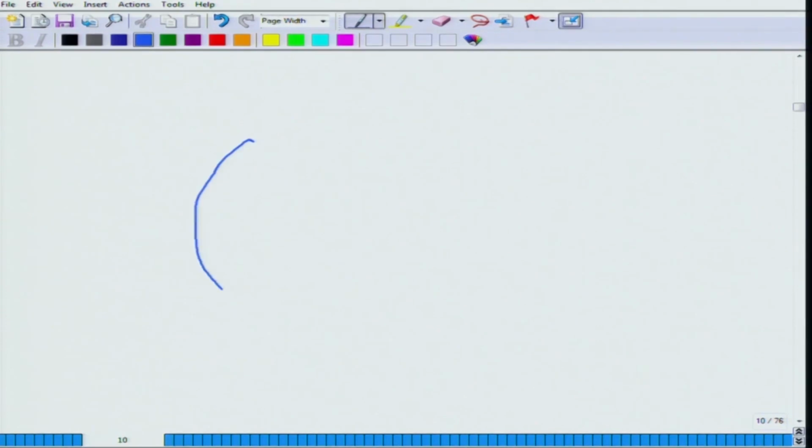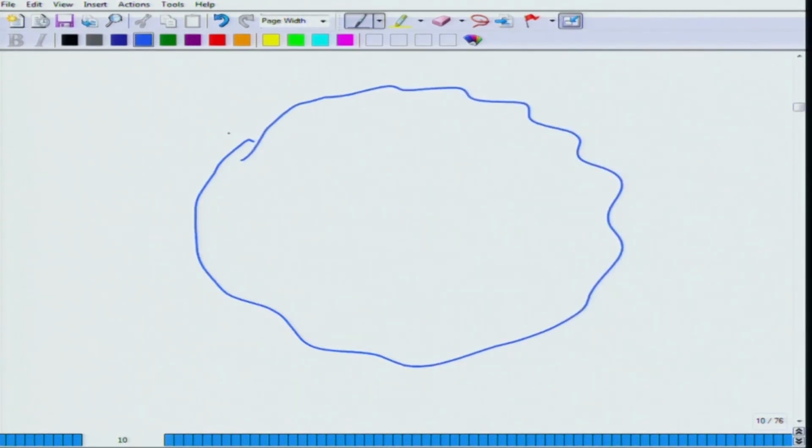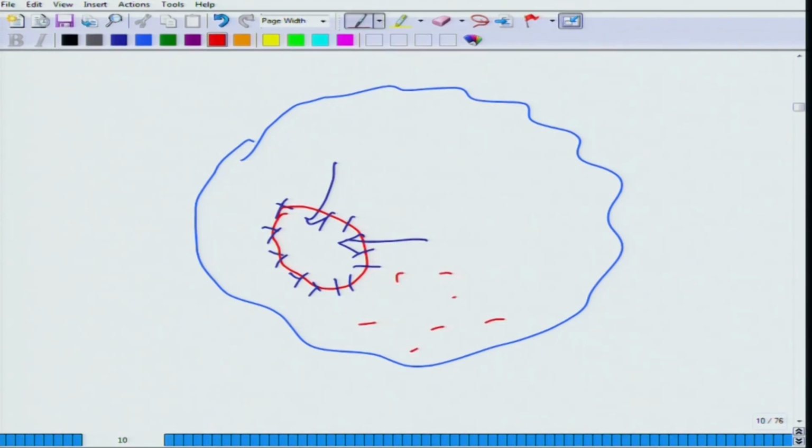Eventually, here you have the macrophage and the red blood cell inside, and then a series of enzymes come and chop it off. This whole process is called phagocytosis by the macrophages.